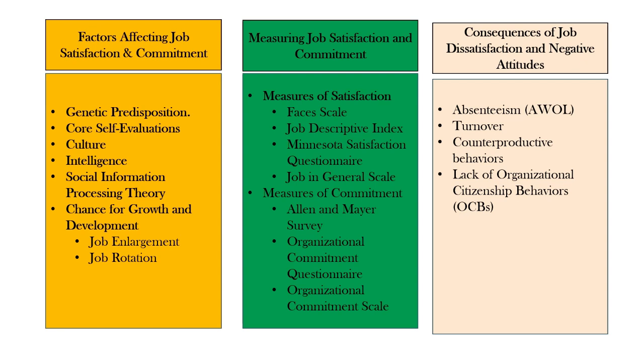Judge, Locke, and Durham have hypothesized that 4 personality variables are related to people's predisposition to be satisfied with life and with their jobs. These are emotional stability, self-esteem, self-efficacy, and external locus of control.